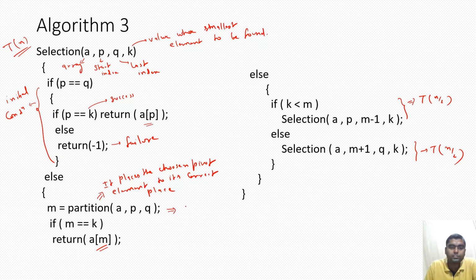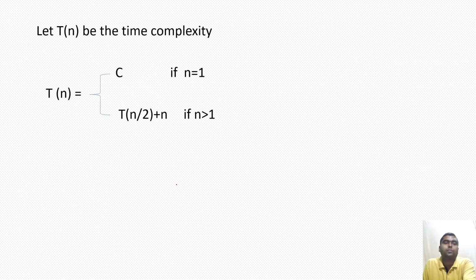What about the partition? Partition always takes order of n time, we already saw. And some initial steps take constant time. So let us analyze the time complexity. If n equals 1, meaning only one element is there, then constant time. Otherwise, if n is greater than 1, one half we need to select, this is for n by 2 elements, and this is the partition time.